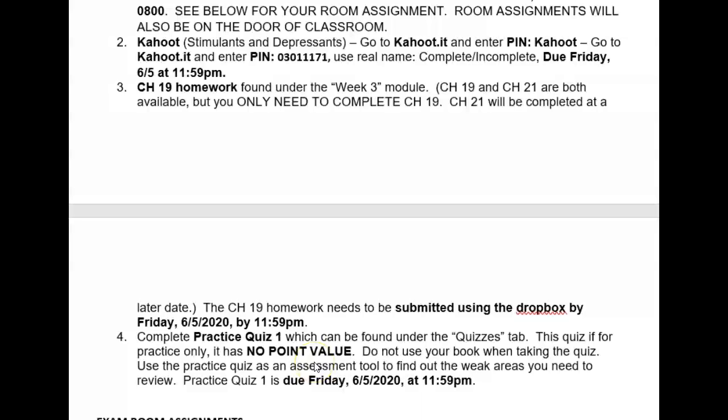So do some studying, go through week 3's homework assignments and everything, and then the practice quiz isn't just on week 3 information, it's mostly previous information that we've covered. But take it without having your book open, as if you were taking an exam, to see where your weak areas are. This has no point value. It's not going to matter if you get a 50% on it. For me, it's a complete or incomplete as long as you've taken it by Friday at 11:59 is all that matters to me.